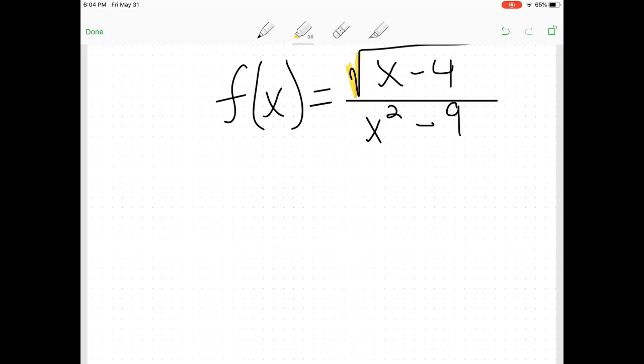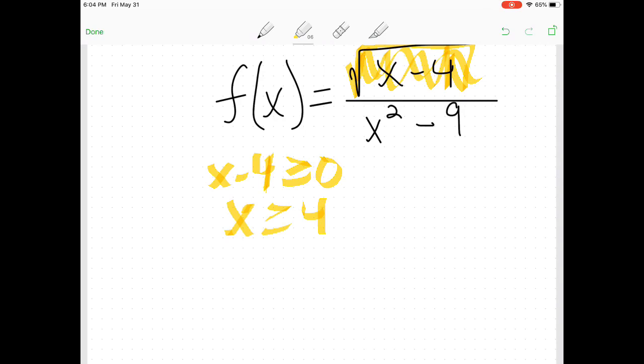First, my square root here, the square root of x minus 4. With square roots, I cannot take the square root of a negative. That's going to be an imaginary number, and we are only dealing with real numbers. So for the square root of x minus 4, x minus 4 has to be greater than or equal to 0. Then x is greater than or equal to 4.